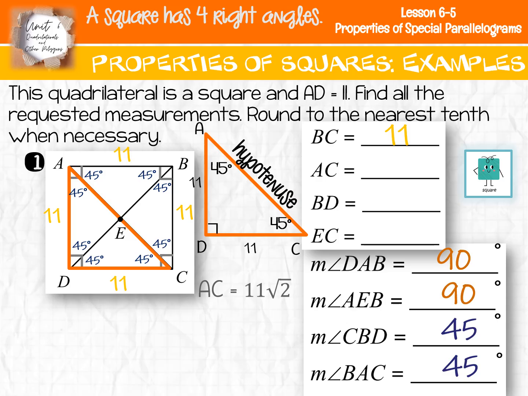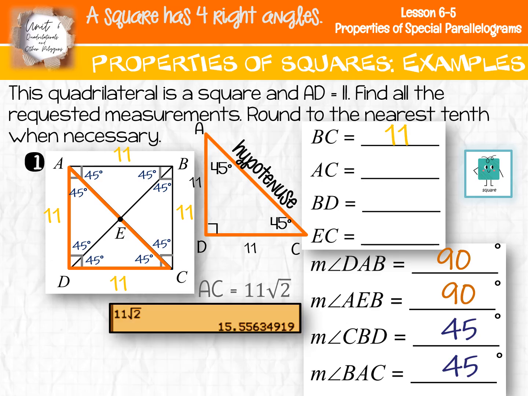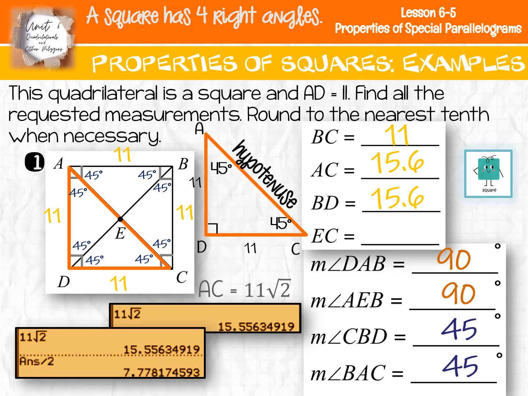Length of segment AC is going to be the square root of 2 times the length of a side. We did that in our last unit. We can calculate that and we get 15.6. Length of segment BD should be the same, and length of segment EC should be half of that, which is about 7.8.